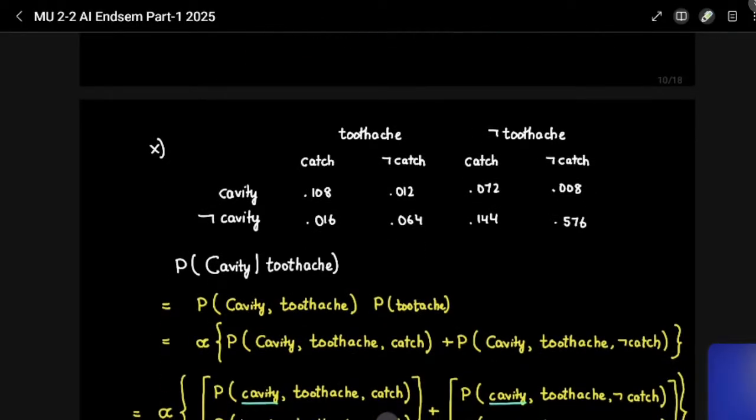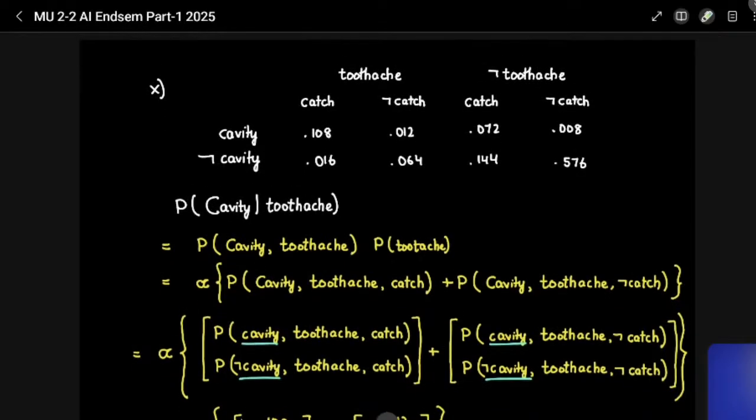So how do you represent this probability of random variable? You write a vector, a 2 by 1 vector. The first element will be the probability if cavity is true, and the second element will be if cavity is not true.